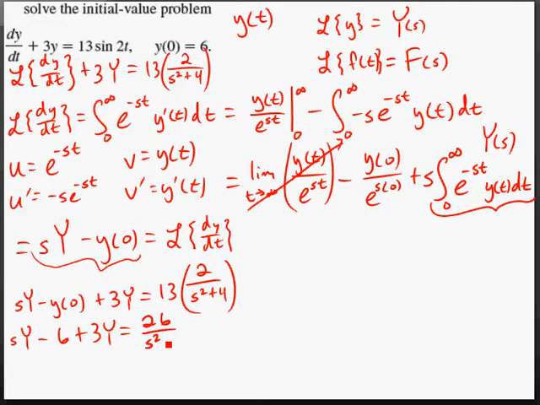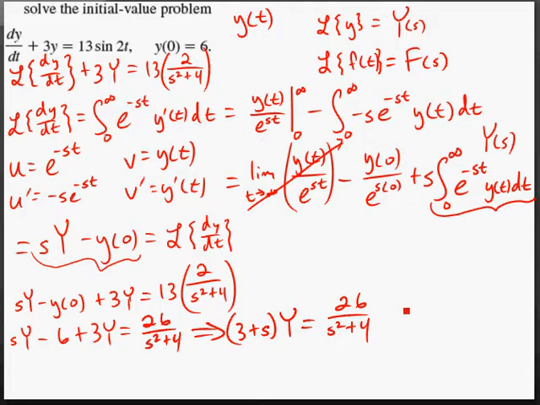So this is what I meant earlier by the algebra. This is my big Y equation. It's a Y as a function of s. I can move the 6 over, and this will turn into 3 plus s big Y is equal to 26 over s squared plus 4 plus 6.